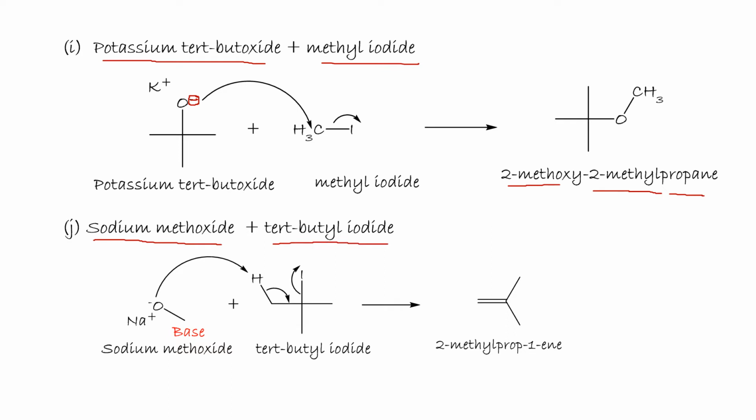Here the methoxide will act as a base, abstracting hydrogen, leaving these 2 electrons to form a double bond, and the iodide will go out as a leaving group, leaving 2-methylprop-1-ene, isobutene as a common name.